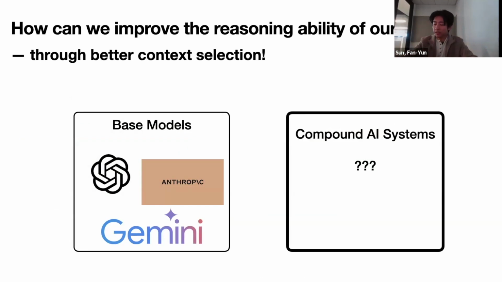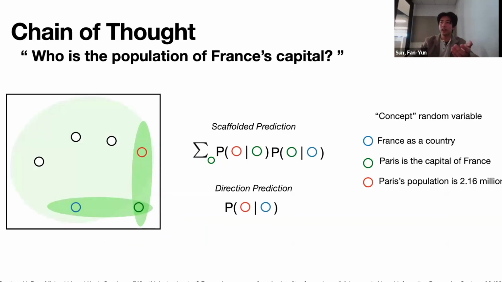I'm not giving a definition right now, but I'm broadly using that to refer to things above base models. The easiest variation of this is chain of thought, where instead of just one prompt, you have a chain of prompts to form the final prediction.